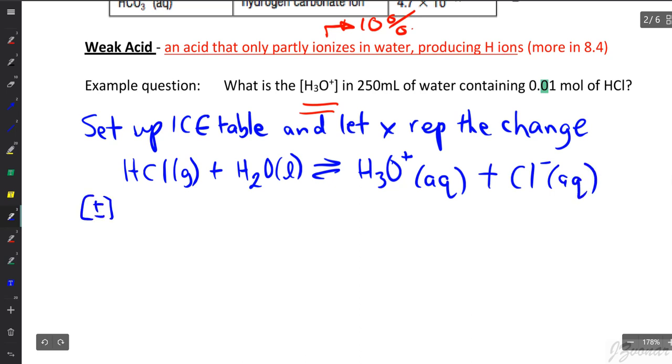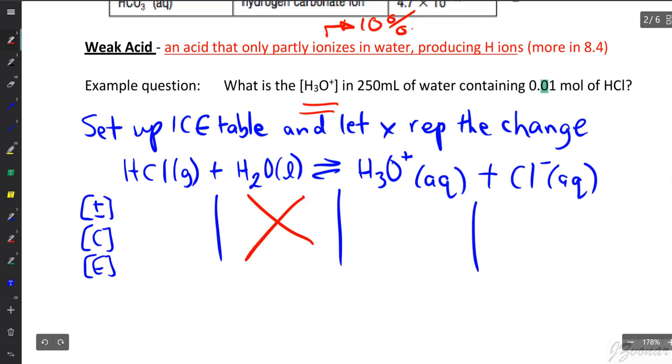So if we put our acronym ICE, okay, we know that because it's a homogeneous reaction, we do not include H2O. And we know that at the start, the information that we've been given here, the 250 and the 0.01 moles, is the initial concentration of the HCl.